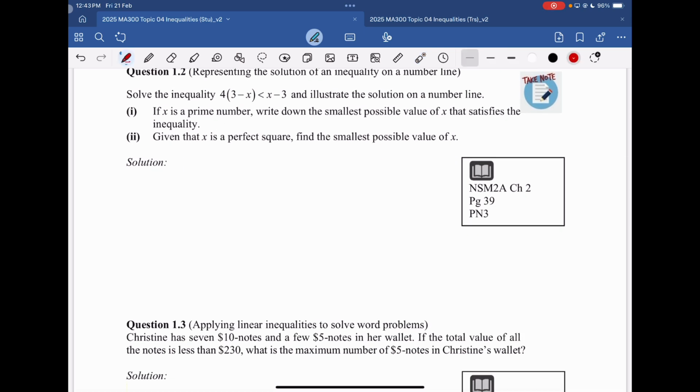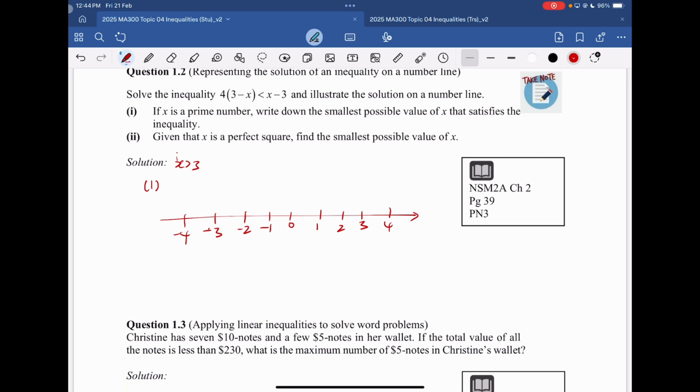Good question. Okay, so if I want to illustrate the solution, I believe you got the answer. The answer is x more than 3, right? So after you solve, you got x more than 3. Now number line, I think you know how to draw. It's just how to represent the solution. So 3, 4, -4.